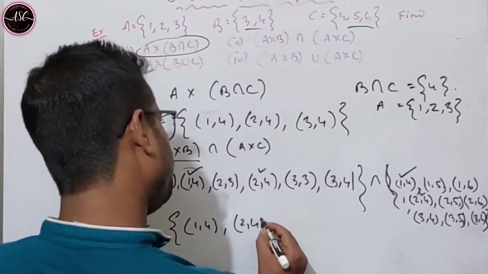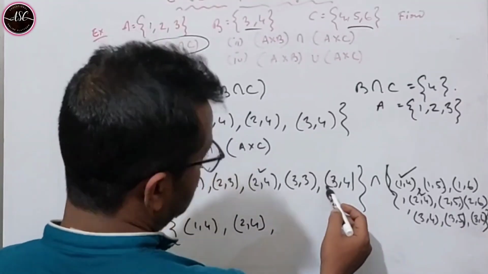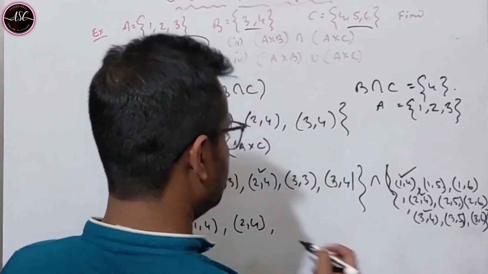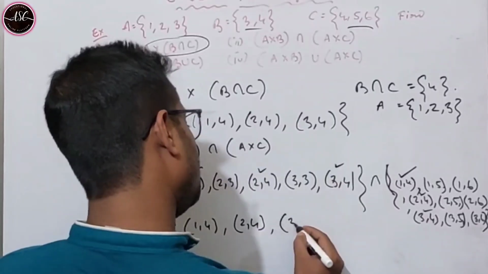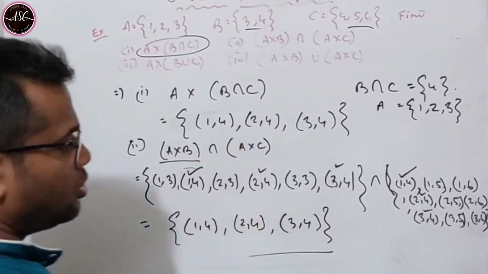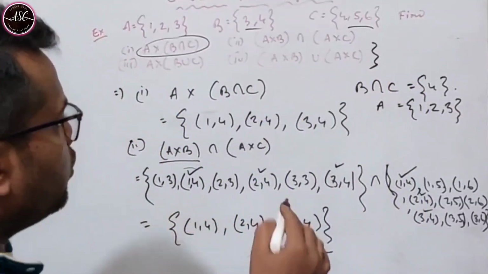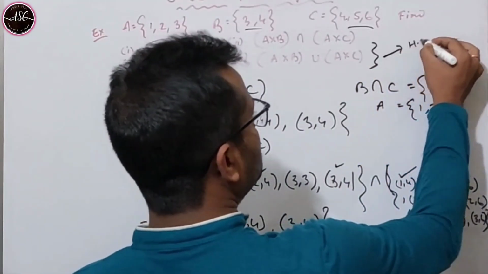Then (3, 3) is not present here. (3, 4) is also present here, so this will also be (3, 4). Okay. In this way, the remaining two are your homework. These two will be solved in this way. So this is your homework.